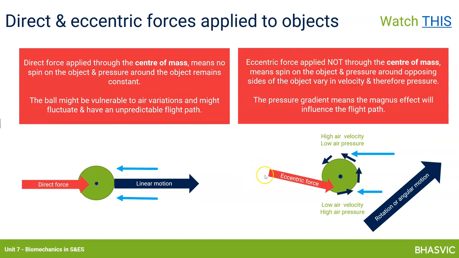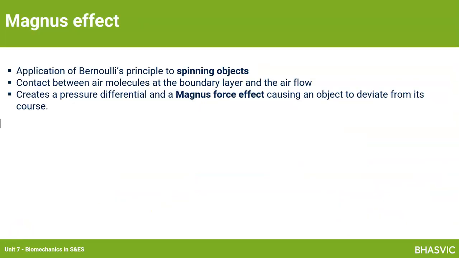So an eccentric force applied not through the centre of mass means the ball spins, and the ball spinning means we have this influence on the air velocity going around the ball, and therefore the air pressure on either side of the ball, which causes a high to low pressure gradient, and the ball is lofted. So in a nutshell, that is the Magnus effect.